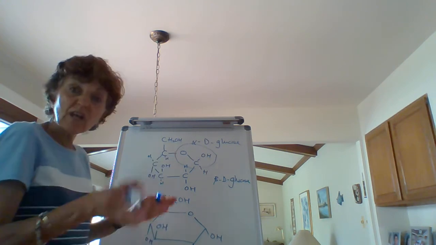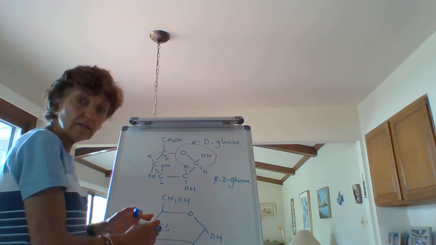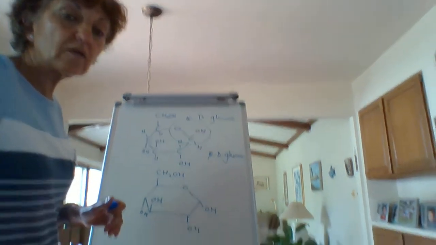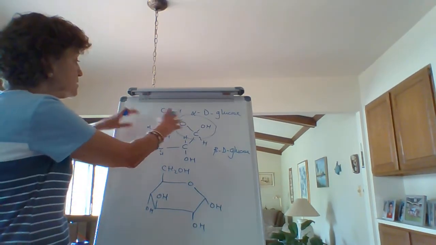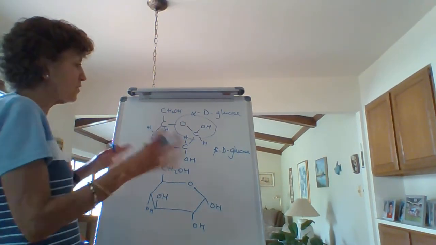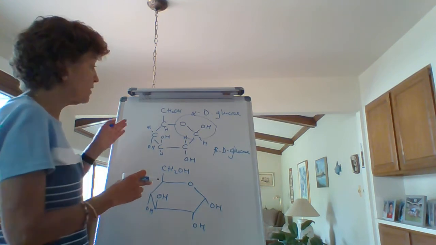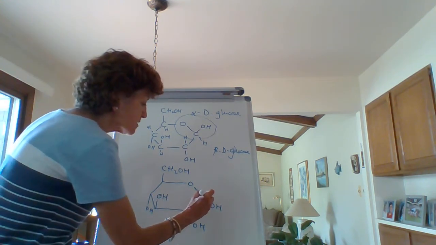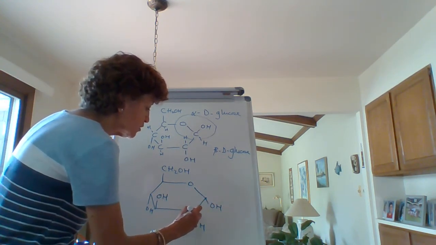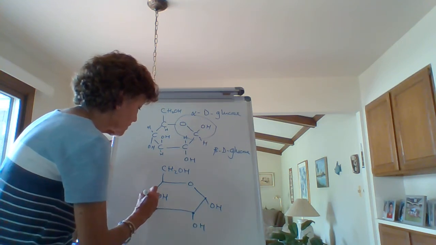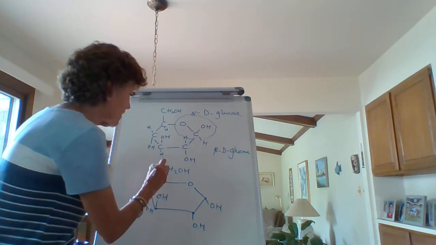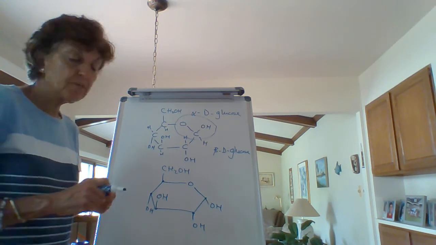Now, to make your life easier, you can do line drawings of glucose. Basically, I'm getting rid of all the carbons, and all the H's, but not the OHs, and just focusing. This is carbon 1, carbon 2, carbon 3, carbon 4, carbon 5, and carbon 6.